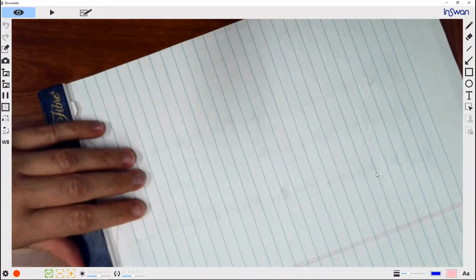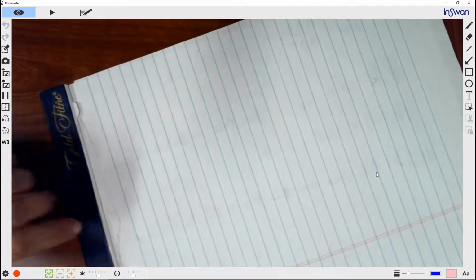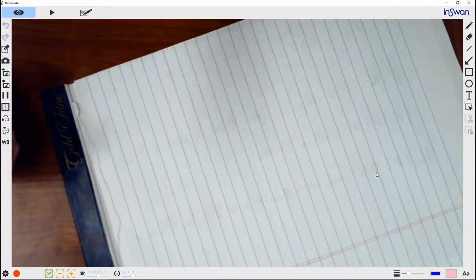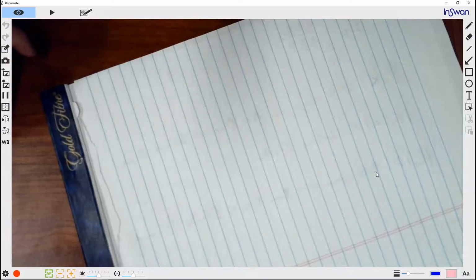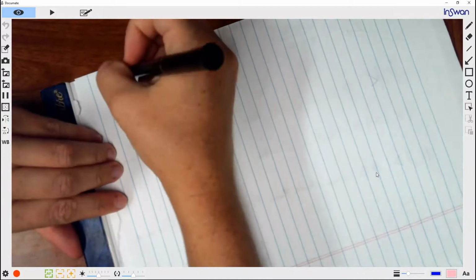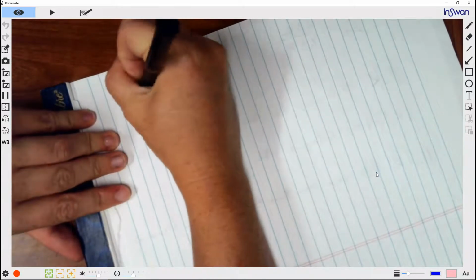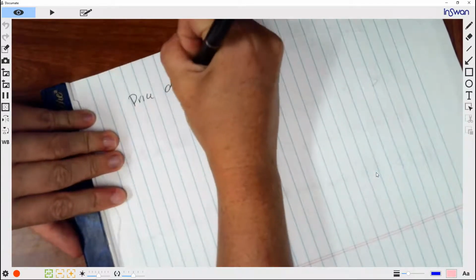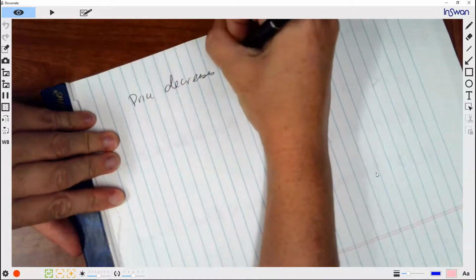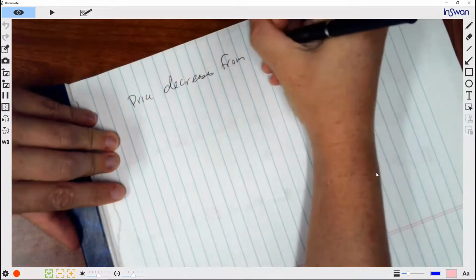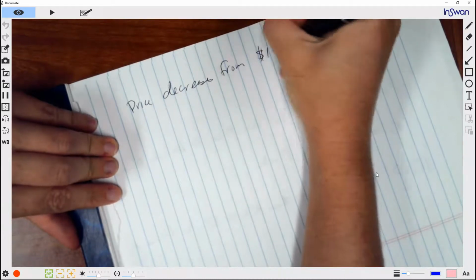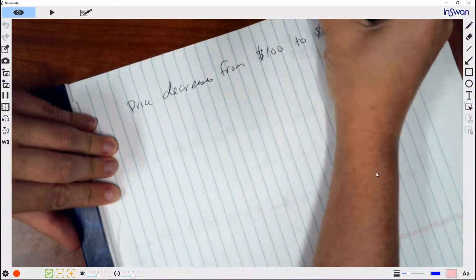So, for example, if instead of telling you that the parking pass price changed by 50%, what if they had told you that price decreases from $100 to $80?